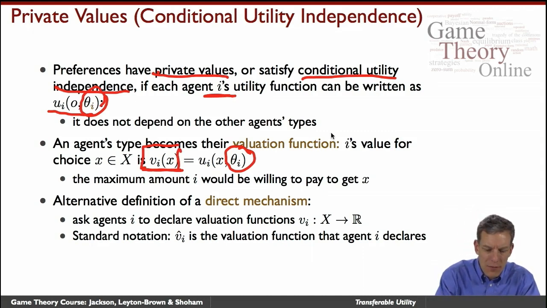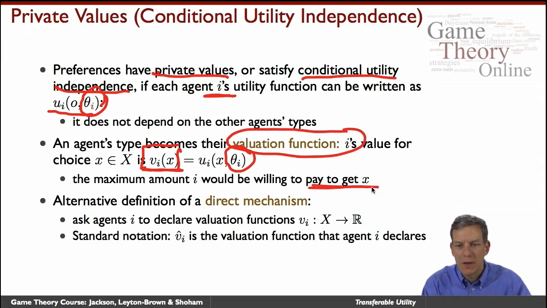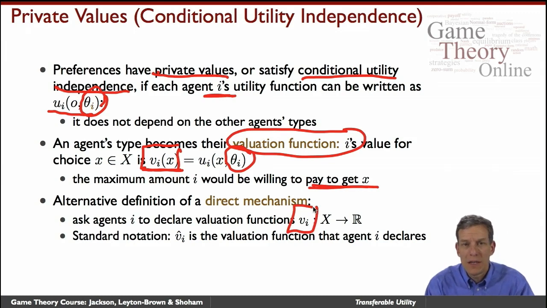Agents have a valuation function, which is basically the value they have for any particular allocation x. And when we think about direct mechanisms, we can think of the private information individuals have as these v_i's. In particular, everybody can tell us, instead of a type, their valuation function.